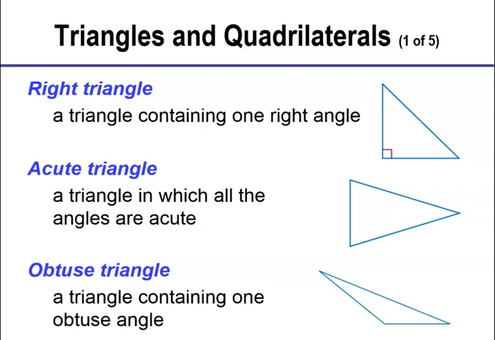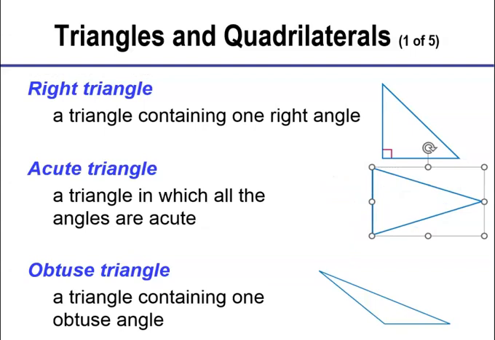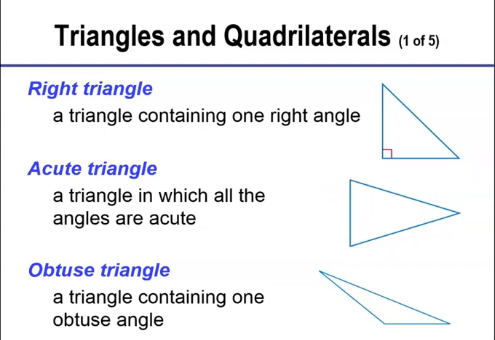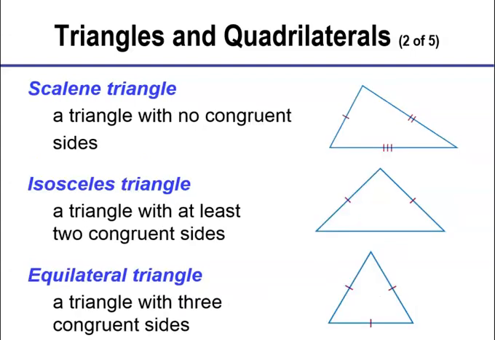So this angle, this angle, and this angle are all less than 90 degrees. An obtuse triangle has an angle that is over 90 degrees, and of course less than 180, and there's your obtuse angle right there. I'm sure you've heard these terms before.